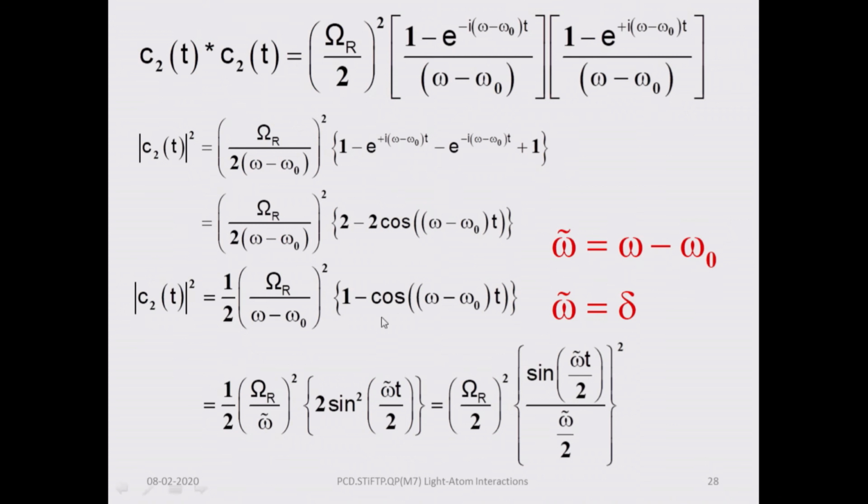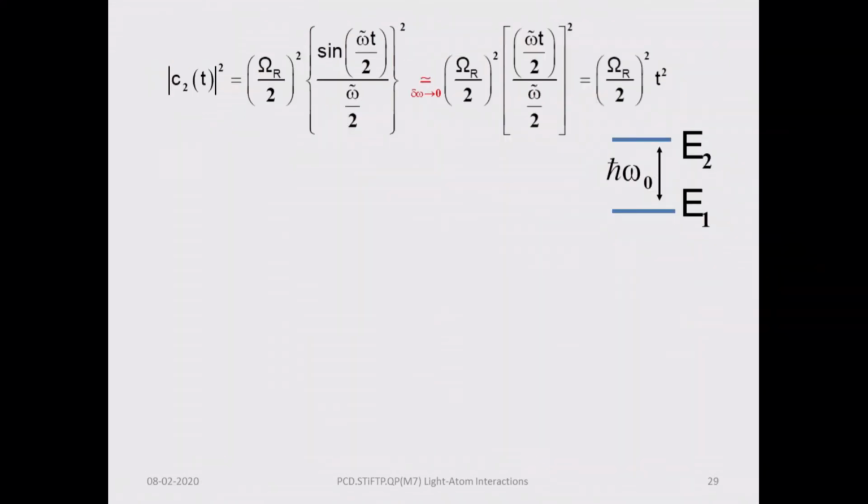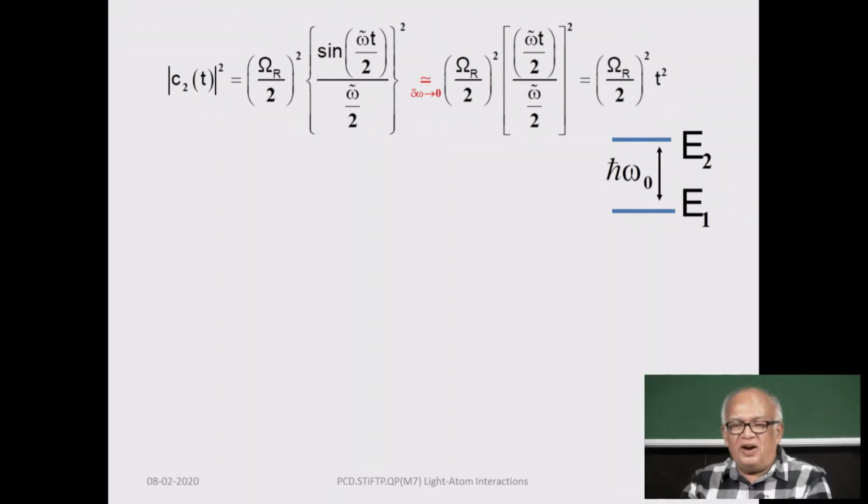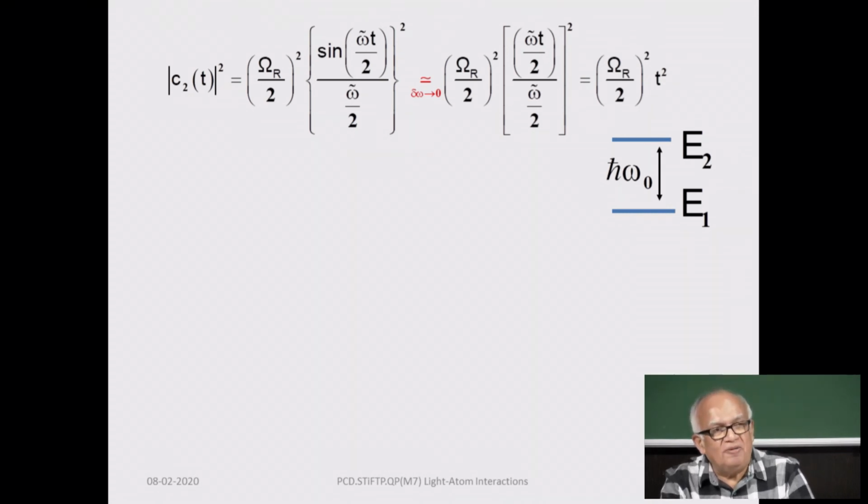So, now you get this term in which you have got sine square over this omega tilde in the denominator and the whole thing is squared. So, you have to handle this term carefully, because if you let this delta omega go to 0, then you will find that in this limit the modulus square goes as t square.